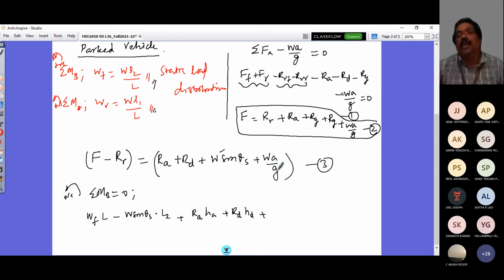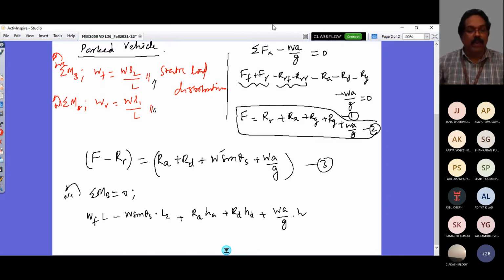Look at WA by G, it is in this direction again, so that is WA by G, and this is at the height H. So these are the components 1, 2, 3, 4, 5, and one more.